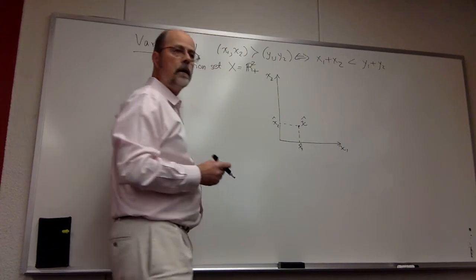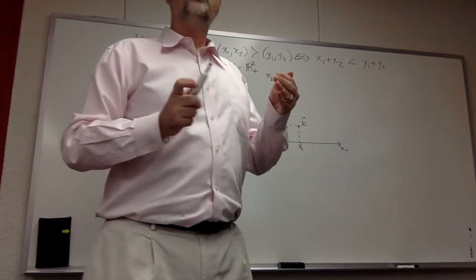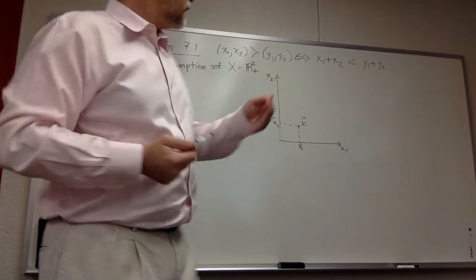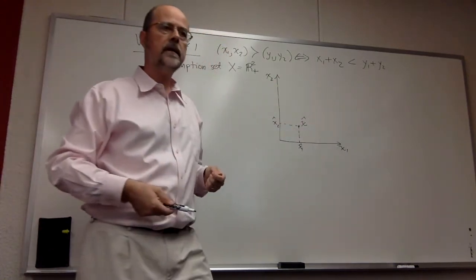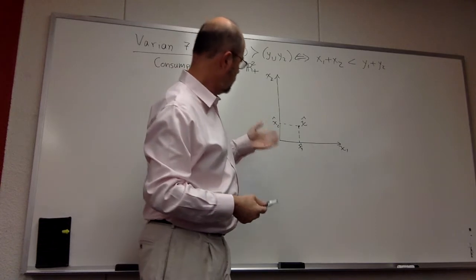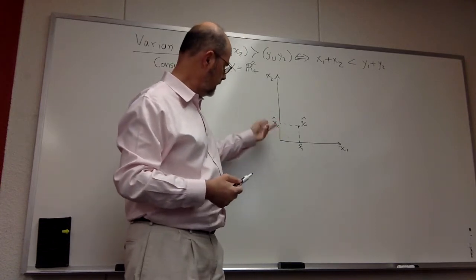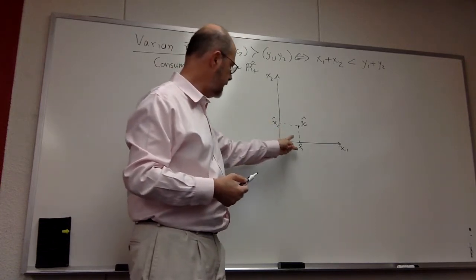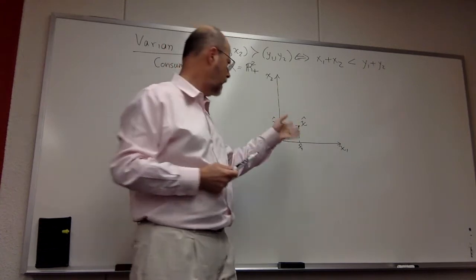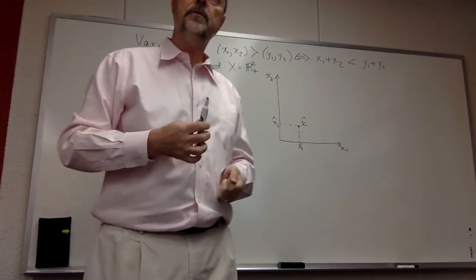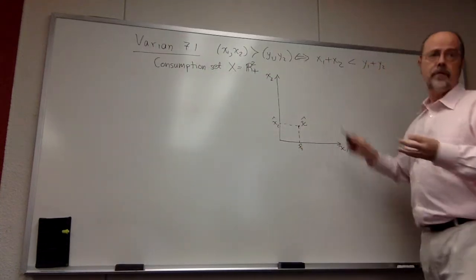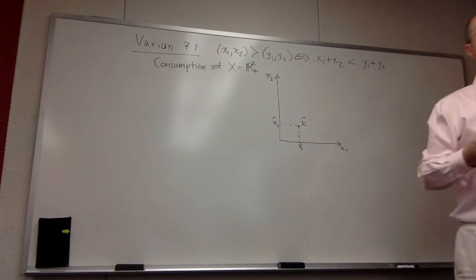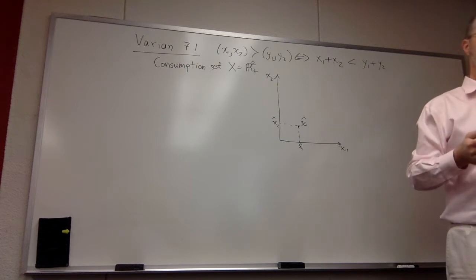So, what other points in this non-negative orthant have coordinates that sum up to the same amount as x1 hat plus x2 hat? And this kind of thing for some sort of utility function, does it remind you of something from intermediate microeconomics?